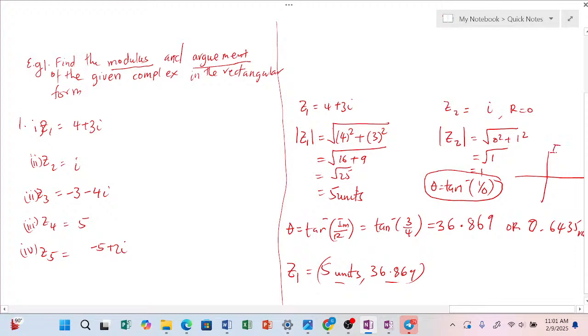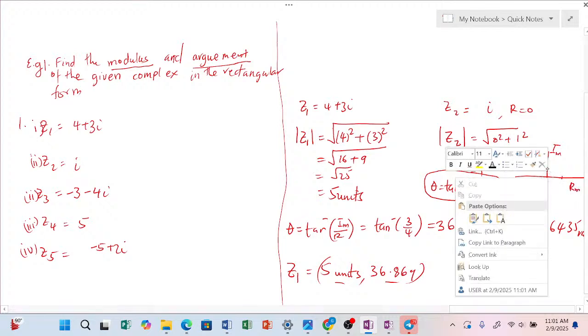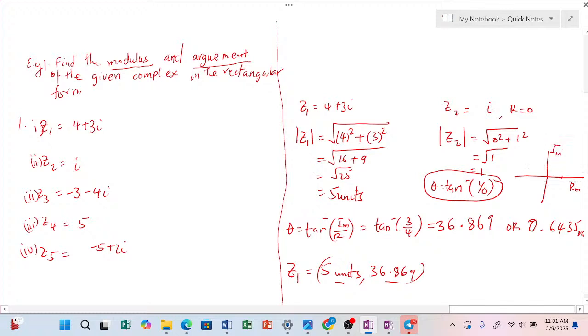So with this, I have to go to the Argand diagram and find it. This is my imaginary axis, this is my real axis, right? This is 0, and so i is positive 1. And so the angle from here to here is what? 90.